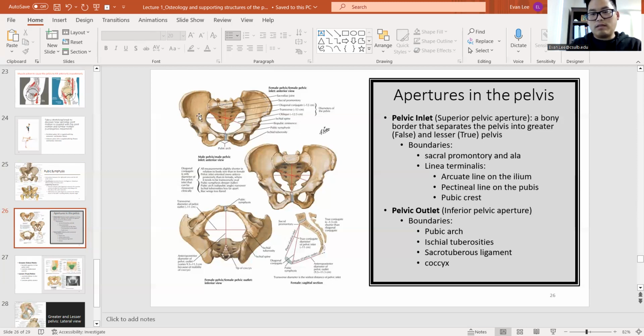So these are going to be known as the true or false pelvis, because one of them is a little bit misleading in the amount of space that can go through, and one of them is the actual space that can go through. We'll talk about that in a sec, but this would be the pelvic inlet on the superior aspect of the pelvis, and then the pelvic outlet is the bottom portion down here.